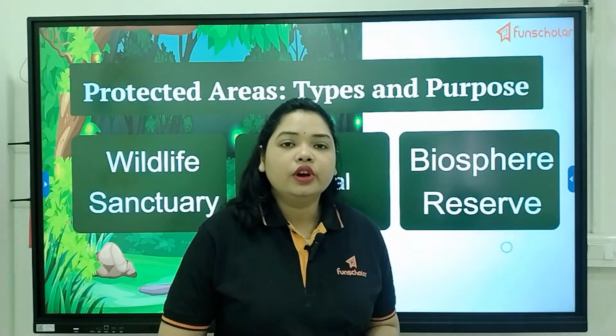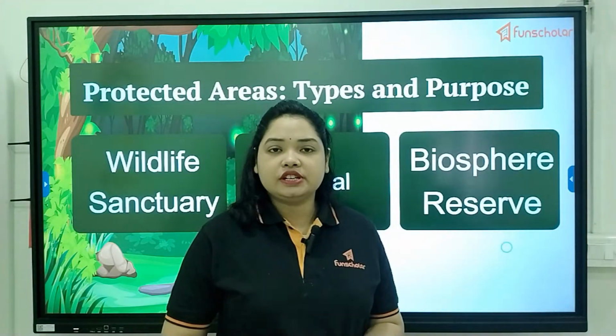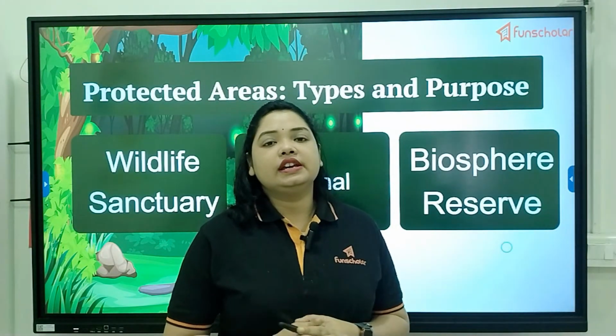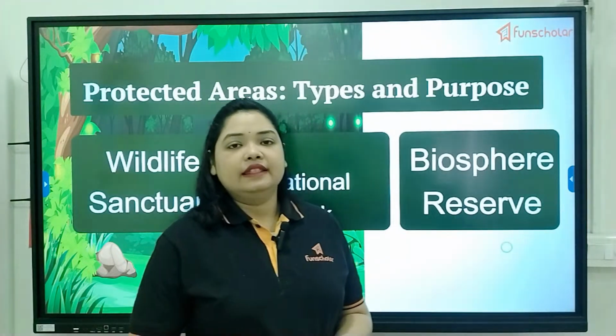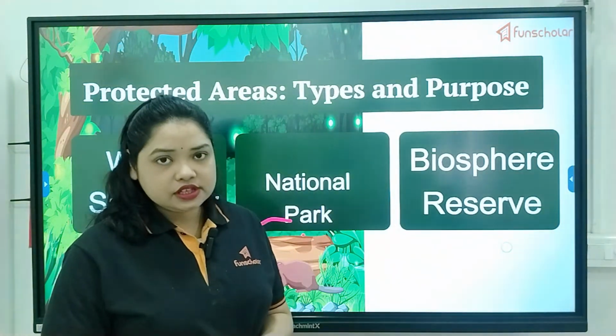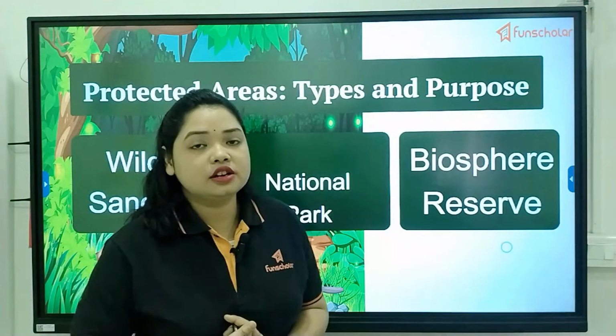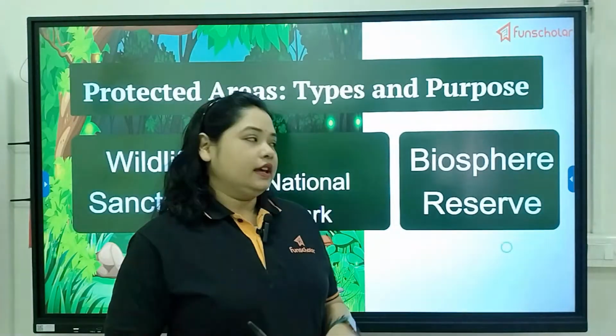We all know that Nilgiri Biosphere Reserve, which is situated in Tamil Nadu, is very famous. There you will find varieties of life forms, very exotic life forms, as well as some exotic plant species also.